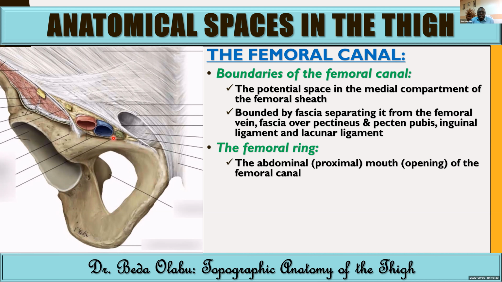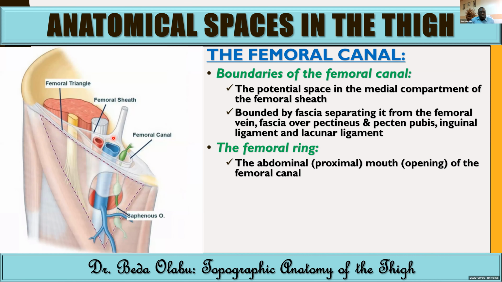The femoral ring is the proximal opening, the abdominal mouth of the femoral canal. If the canal is a tubular thing, the proximal mouth of that tube is what we call the femoral ring. So while the whole of this is the canal, only this one is the ring. The proximal mouth of the canal is the ring.